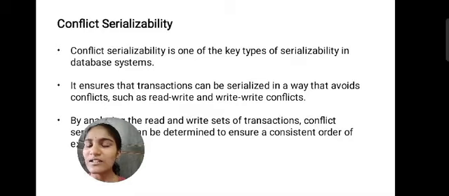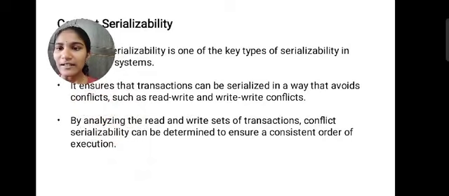To address these conflicts, we use conflict serializability. So what it ensures is that a transaction can be serialized. Serialized means parallel actions can be converted into serial actions. By analyzing the read and write sets of transactions, conflict serializability can be determined to ensure a consistent order of execution.